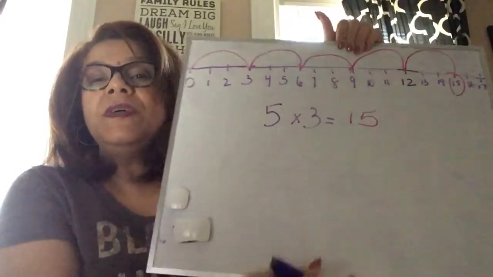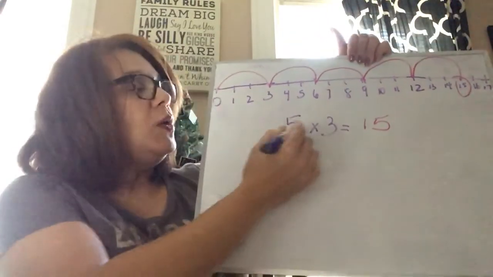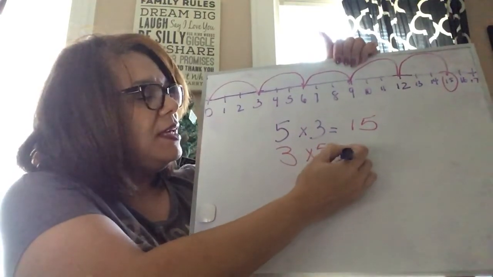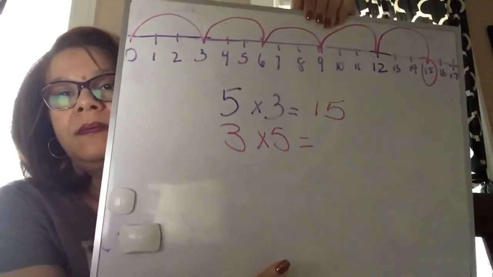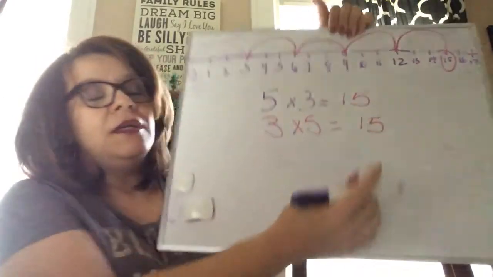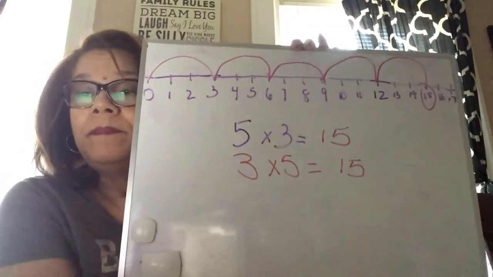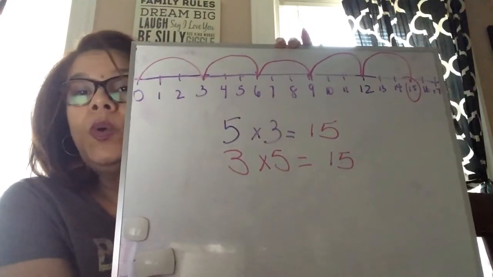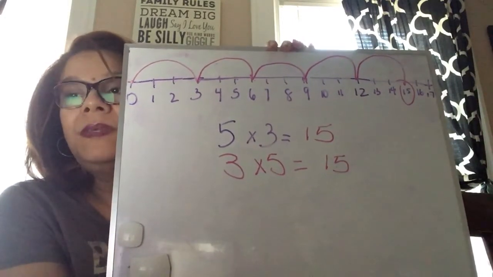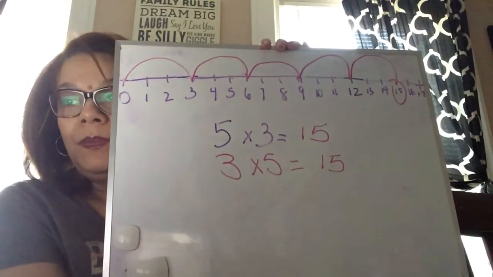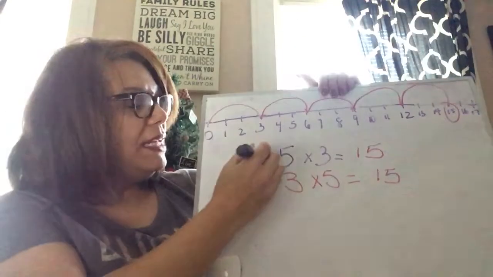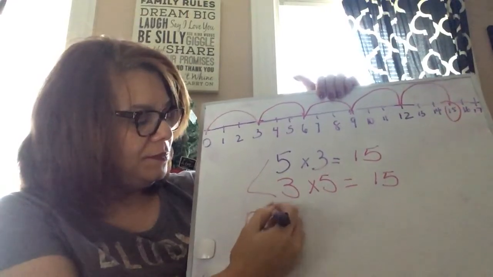Now, because of the commutative property, we can say that 3 times 5 is, come on, you know this, it is 15 as well. The commutative property says what? It doesn't matter the order of the factors, the product is still the same. Okay? Very good. These are called related facts.